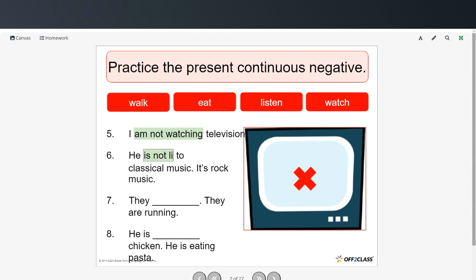He is not listening to classical music. It's rock music. They are not walking. They are running. And he is not eating chicken. He is eating pasta.